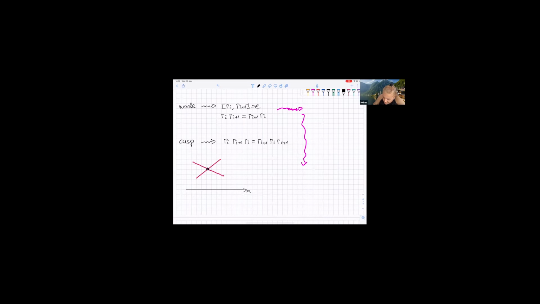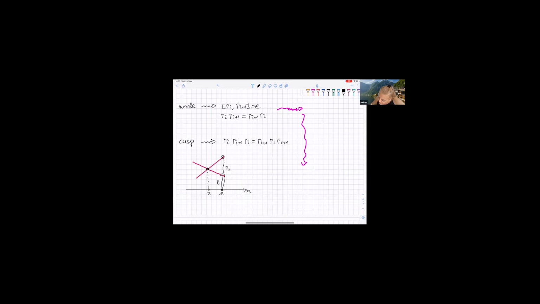This is the singularity, and this is the projection onto the x-axis. So I take again a good point M, which is here, and I take the two loops, gamma 1 and gamma 2, that encircle these two arms that meet at the point of the node.